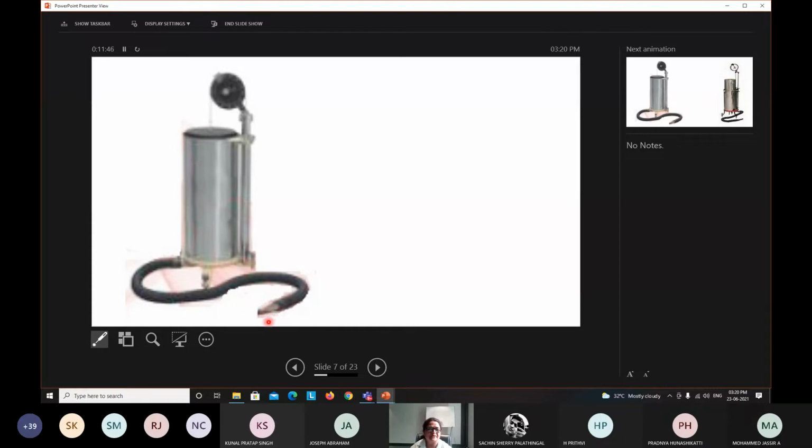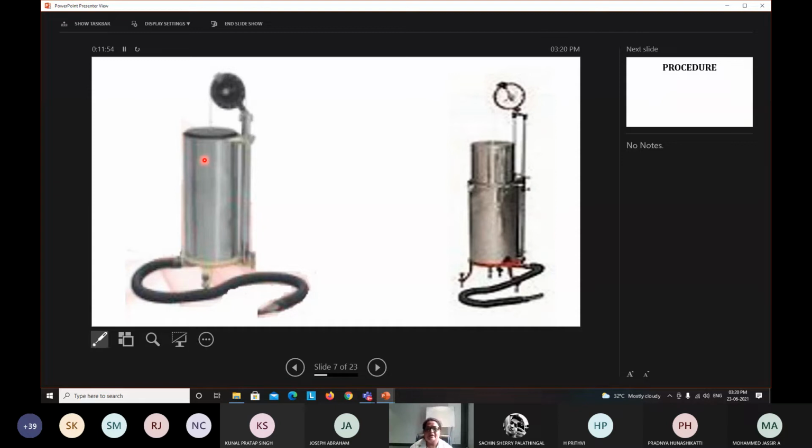This is a double layered cylinder. You can see there is one more cylinder inside, which is inverted and immersed into the first outer cylinder, and the top of it is connected with the chain.